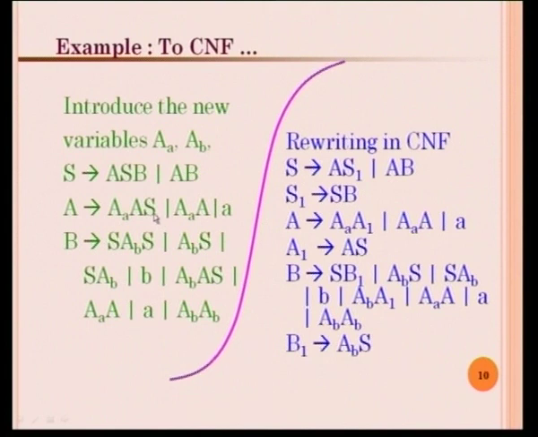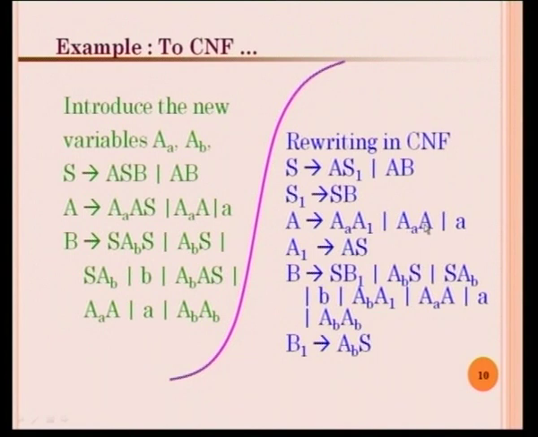So there is a need for breaking, as we have done for S. We can introduce another new variable called A1, and this A1 is going to be the left hand side of the production rule whose right hand side is AS. So we will have capital A followed by capital A with suffix A and capital A1, and capital A1 is going to be A followed by capital S. The rest of the productions for A are already in Chomsky normal form.